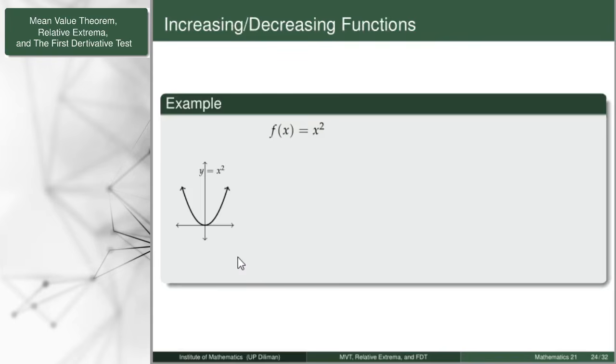For example, I have the function x squared. Remember, when you get the derivative, you can obtain 3 conclusions. Number 1, a conclusion on the critical number, a conclusion on when it is increasing, and a conclusion on when it is decreasing. At first glance, those 3 conclusions are somewhat disjoint, but you can actually connect them into one solution.